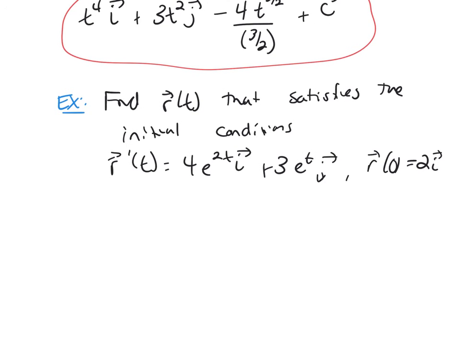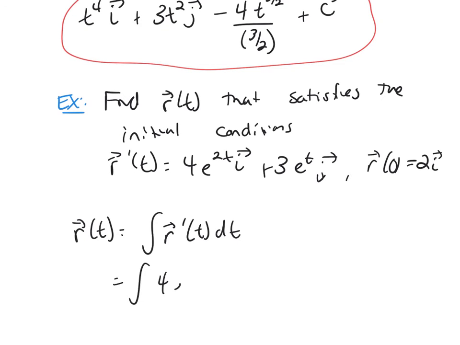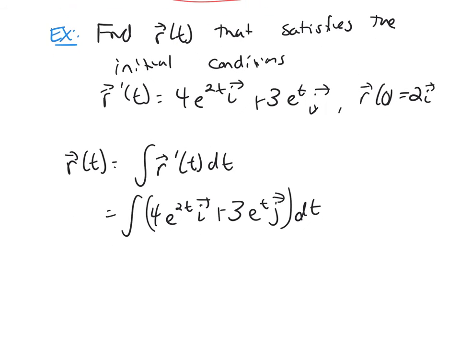So to find r, we're going to integrate r prime. So you're going to integrate 4e to the 2t i plus 3e to the t j. On the first one, you're going to do u substitution. You'll get 2e to the 2t i plus 3e to the t j plus c.